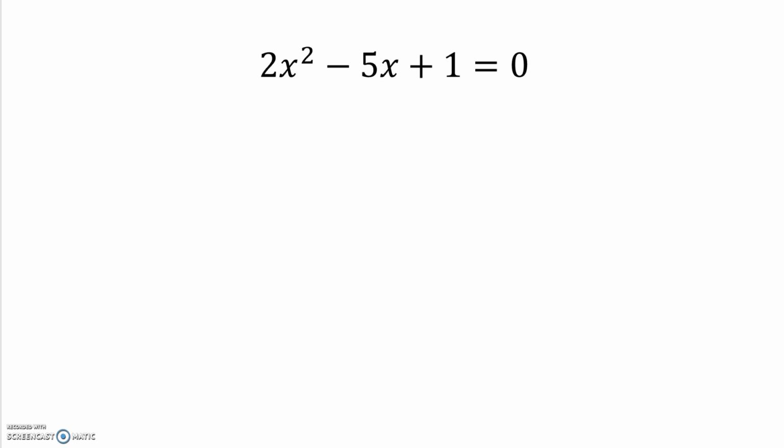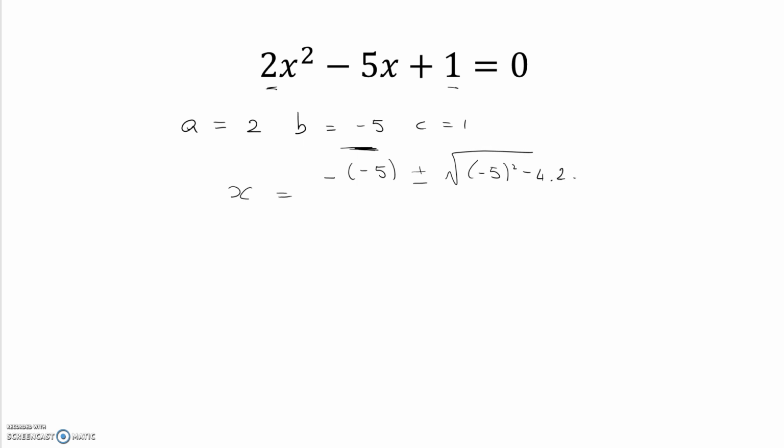The next one, maybe it'll factorize, maybe it won't. I doubt if it does, because it's got a 2 and a 1, so probably it doesn't. So first up then we just go, right, I'm going to use the formula. Identify that a is 2, b is negative 5, and c is 1. Again, your b is a negative number, so just be careful. x is equal to negative 5 plus or minus the square root of negative 5 squared minus 4 times 2 times 1, all over 2 times 2 in this case.